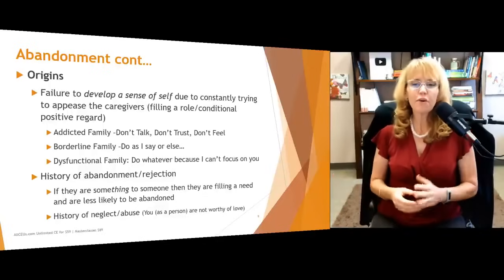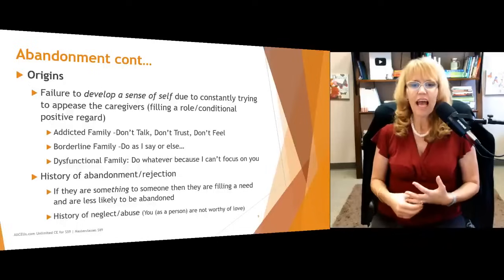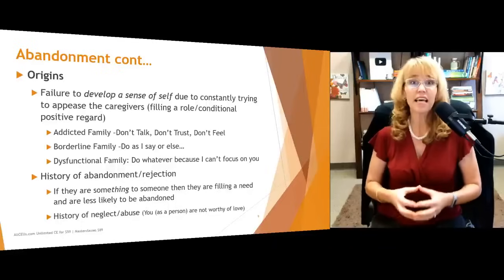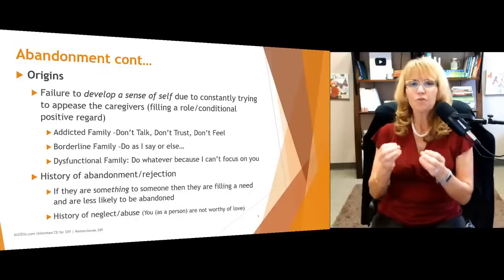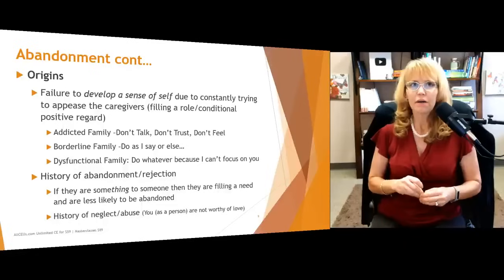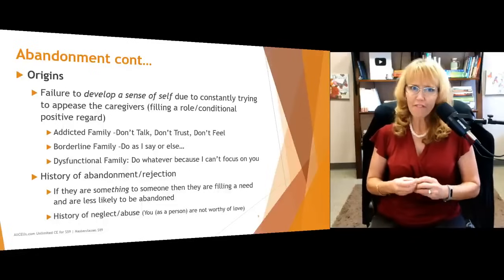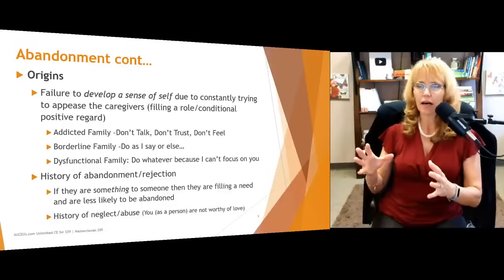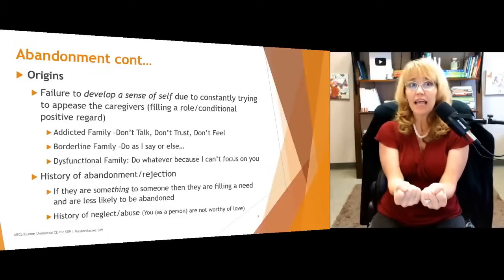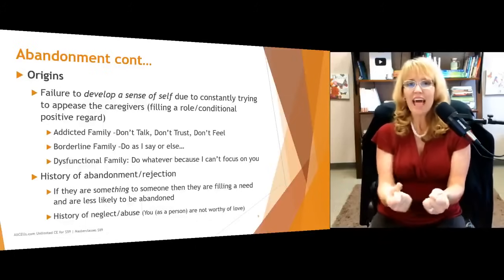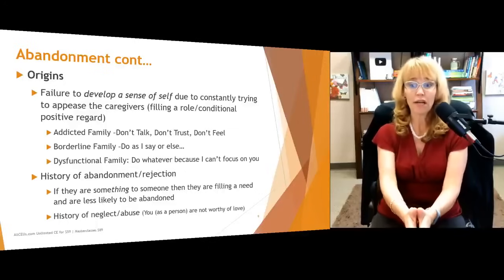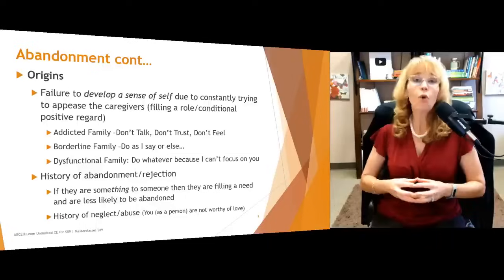They often have a history of abandonment or rejection. If they are something to someone, then they're filling a need and they're less likely to be abandoned. So it's important to remember that people with BPD often have a lot of symptoms that are very similar to codependency, because they're terrified that if they're not indispensable, if they don't make themselves something to someone, then they're going to be abandoned.